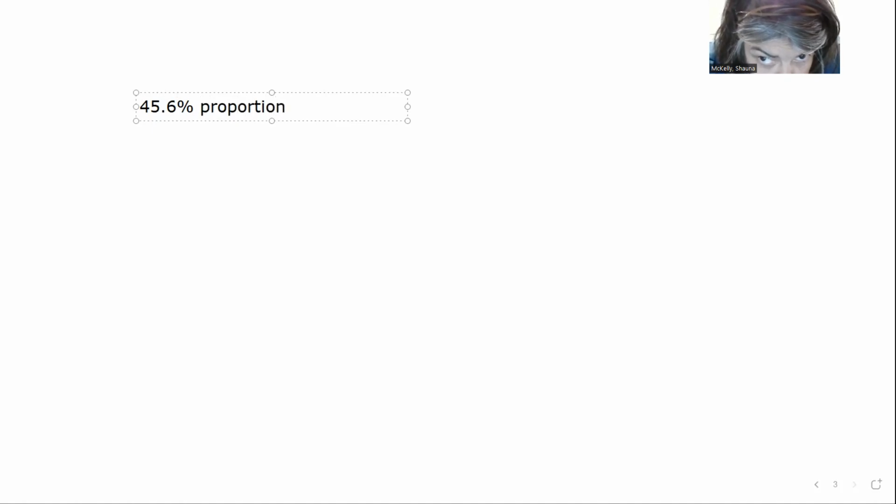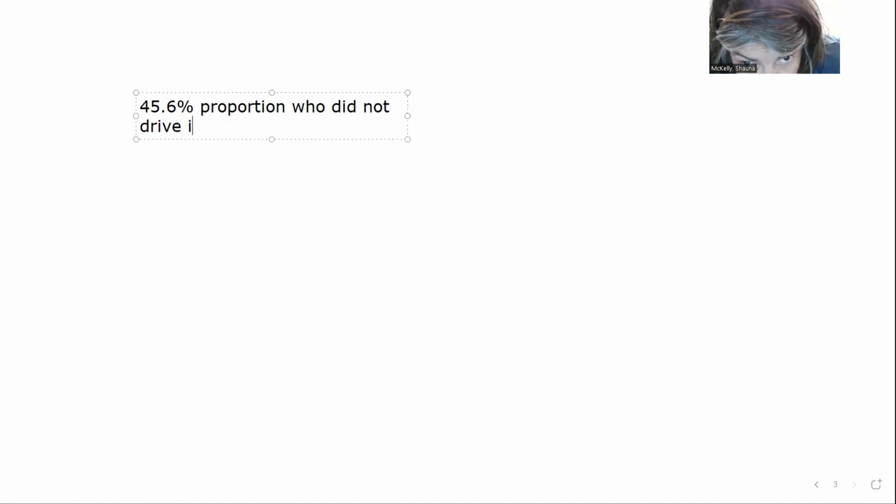So this percentage, 45.6%, is the proportion who did not drive improperly, didn't involve improper driving.